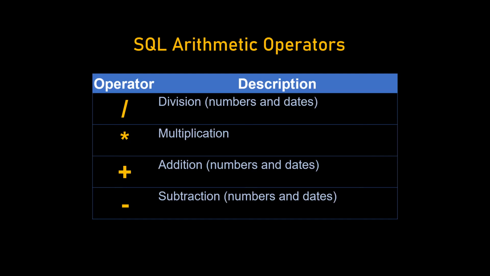In this session we are going to learn some arithmetic operations: division, subtraction, multiplication and addition. Slash is used for division, star is for multiplication, plus is for addition, and minus is for subtraction.